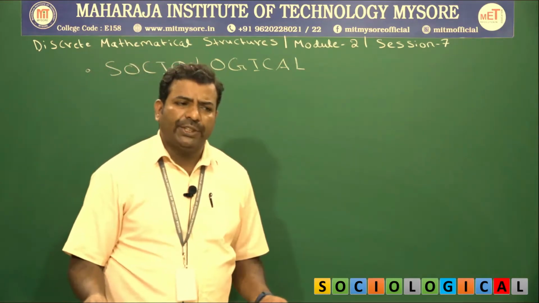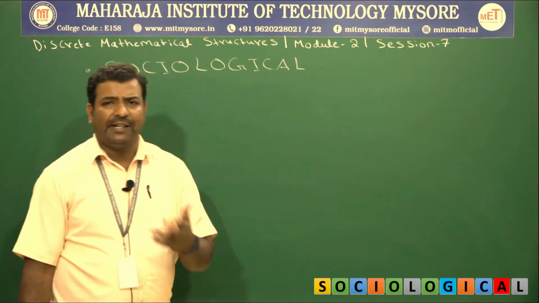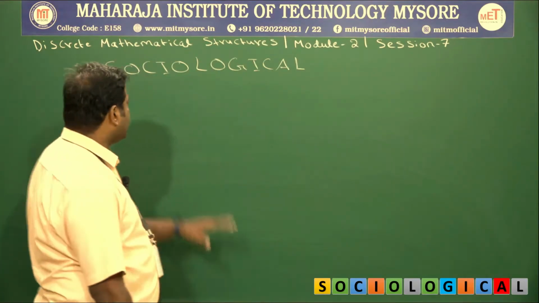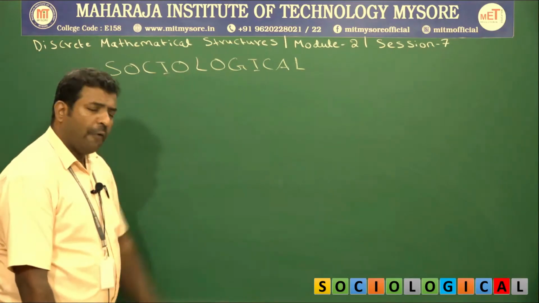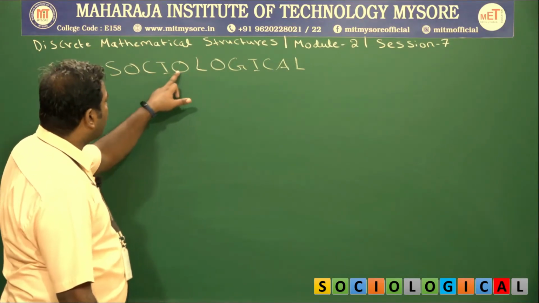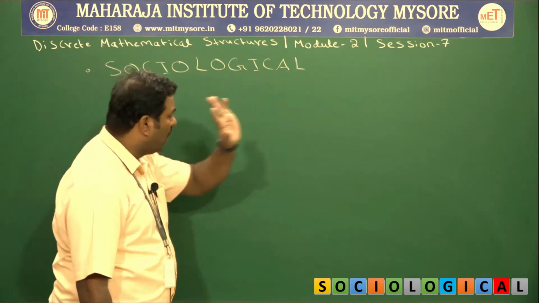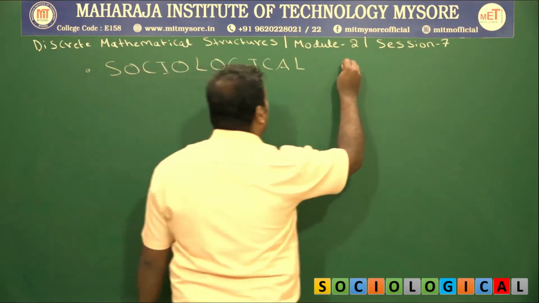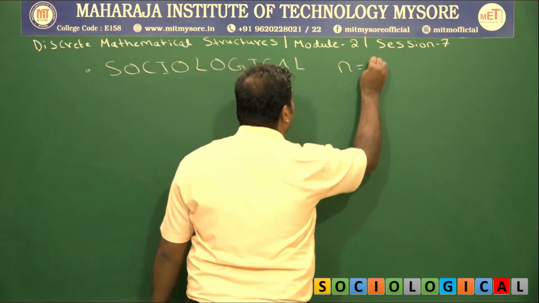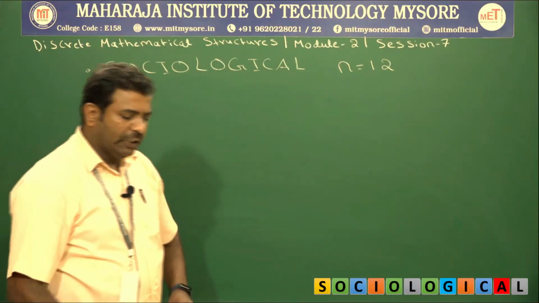The characters or alphabets stand as distinct objects. Let's see how many objects are here: 1, 2, 3, 4, 5, 6, 7, 8, 9, 10, 11, 12. There are 12 objects. Hence I am going to say n equals 12.